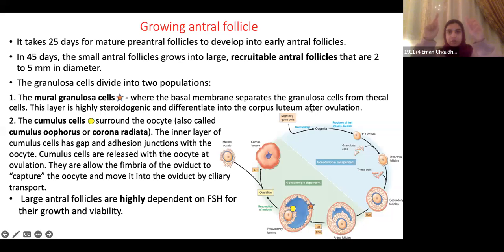GnRH in a pulsatile fashion goes to the pituitary. Pituitary releases FSH and LH. FSH is obviously binding to the FSH receptors that are on the follicles. They're already there, okay? And then there's going to be more. So the FSH is able to do its job more and more. The follicles that are forming are producing estrogen. That estrogen is slowly increasing. In the first 10 days, that estrogen is telling the pituitary, stop releasing so much LH.